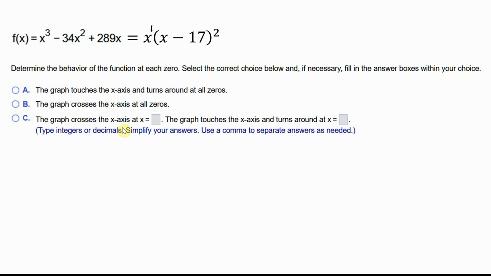So the graph crosses the x-axis at x equals 0. And then at x equals 17, the graph touches the x-axis and turns around. And I guarantee you, you'll be singing that song after a while.